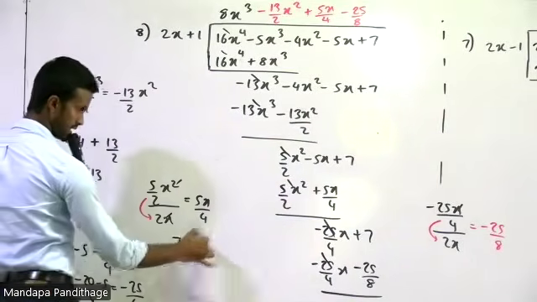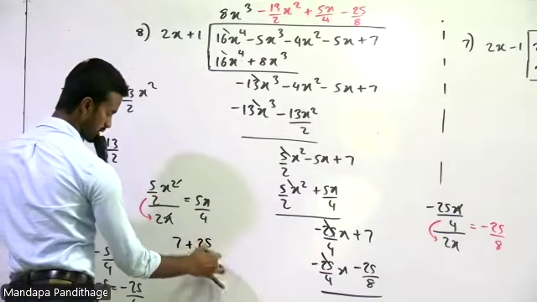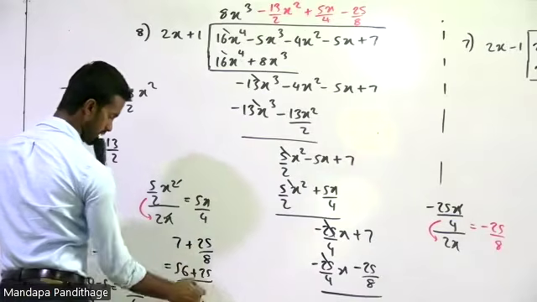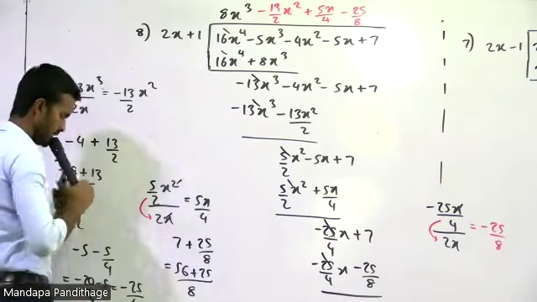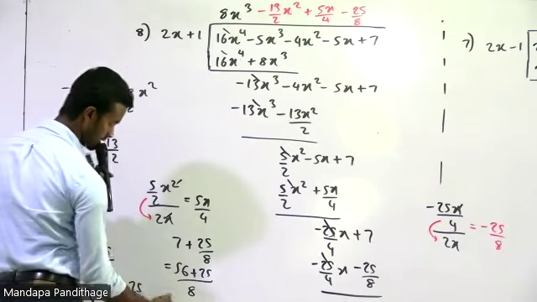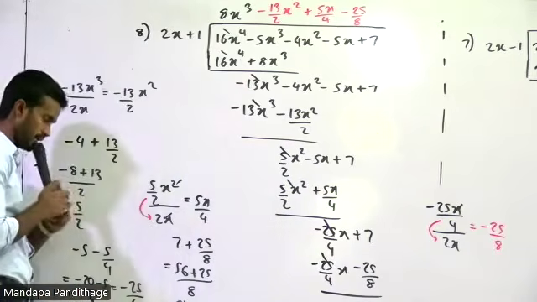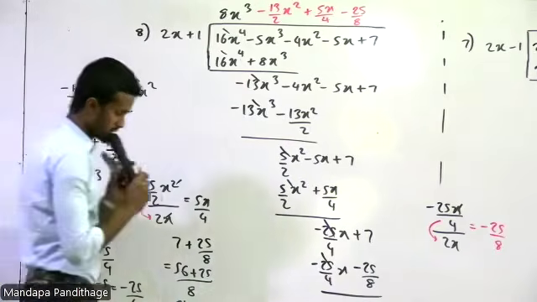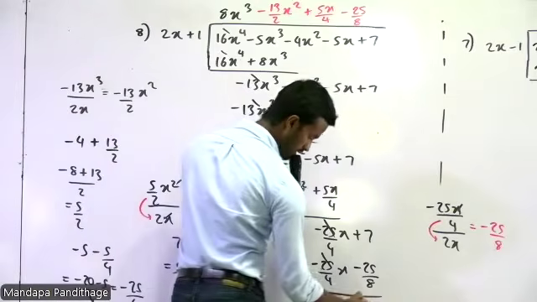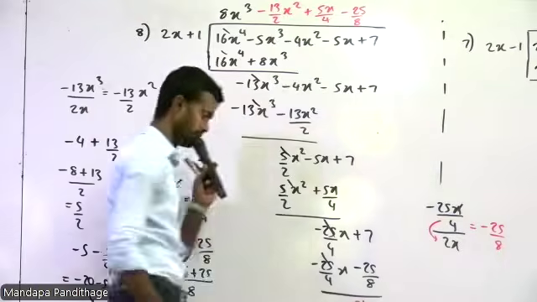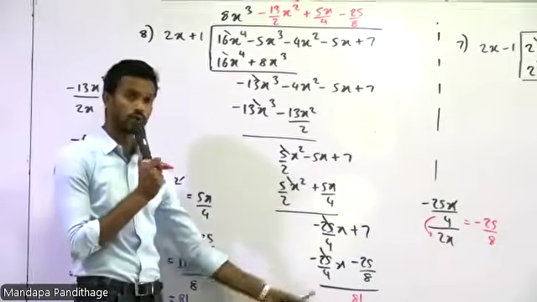Subtract: 7 minus minus is plus 25 over 8. 56 plus 25 over 8. I'm getting an answer of 81 over 8. Clear? So the remainder that you're supposed to get is 81 over 8. Has Abu got 81 over 8?